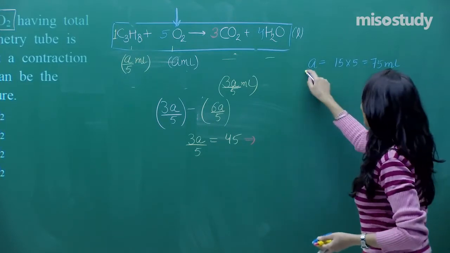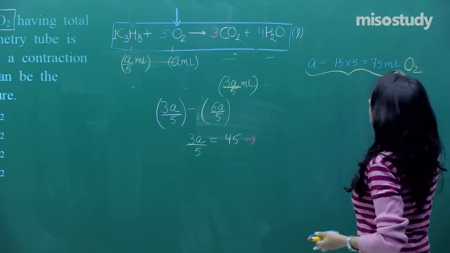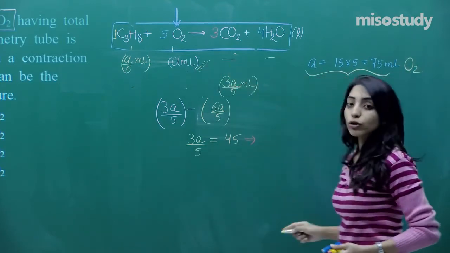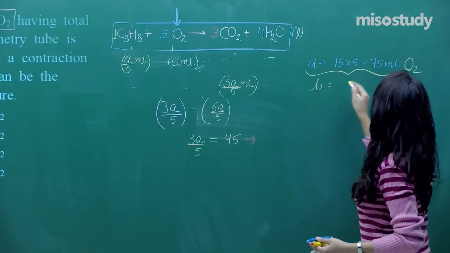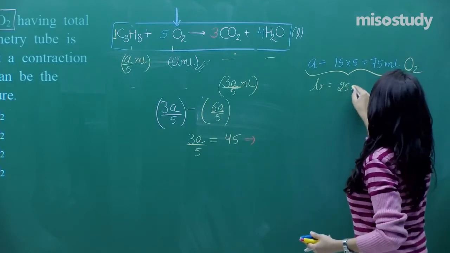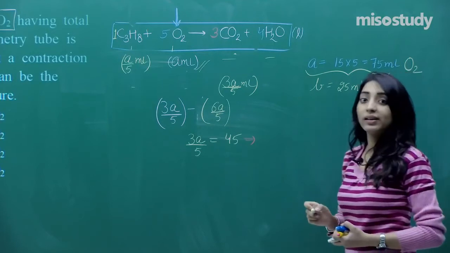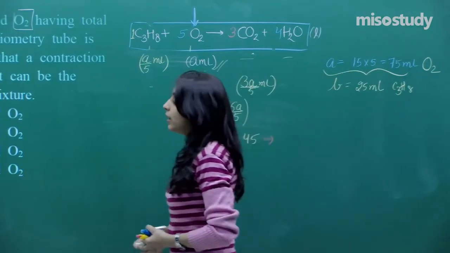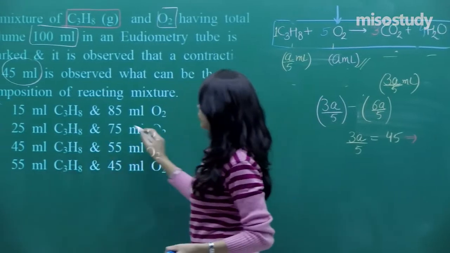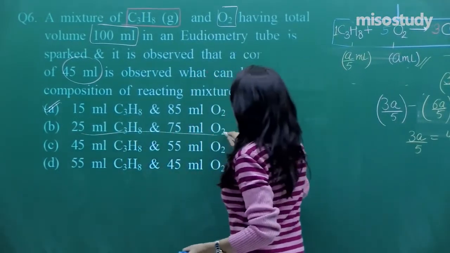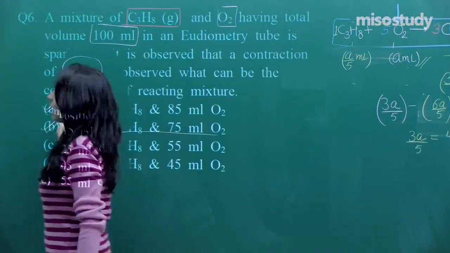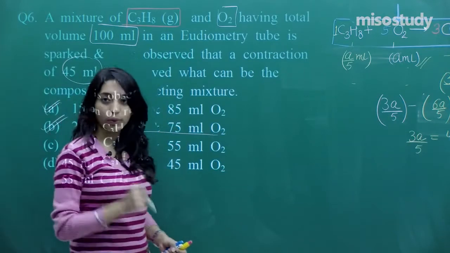Am I right? So this time A was oxygen, see. So the remaining amount will be 100 minus 75, 25 ml of C3H8. Let's see the answer. 25 ml C3H8 plus 75 ml O2 is again the correct answer for this particular question.